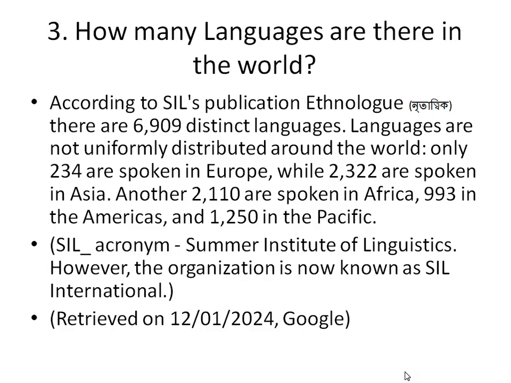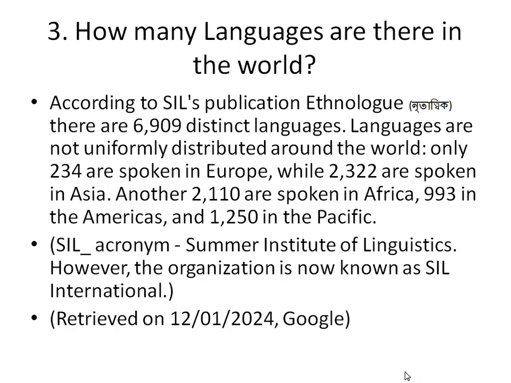At present, only 234 languages are spoken in Europe. In the European continent, more than 56 countries are there, and there the people use 234 languages, and 2,322 are spoken in Asia. 2,110 are spoken in Africa. Africa means the African continent, and 993 in the Americas. Americas means Central America, Latin America, North America.